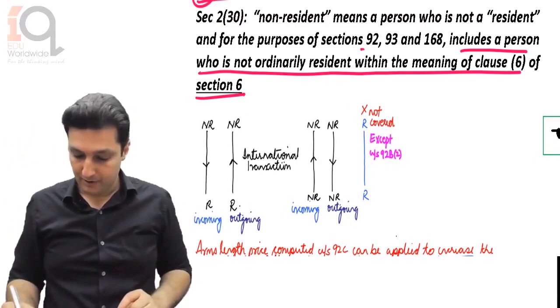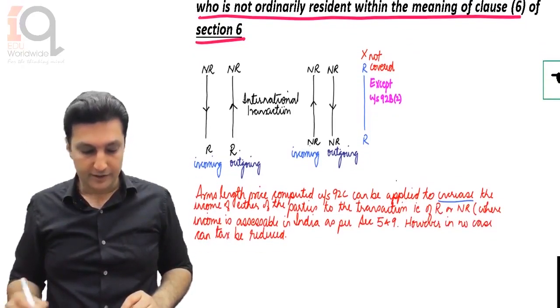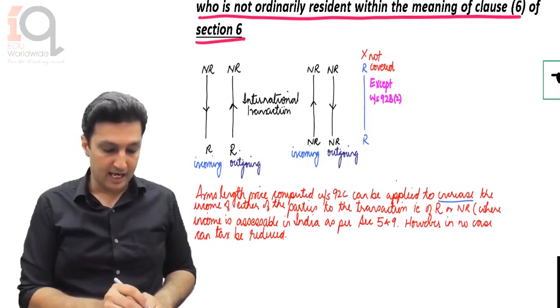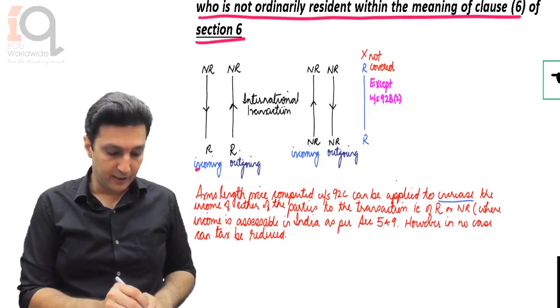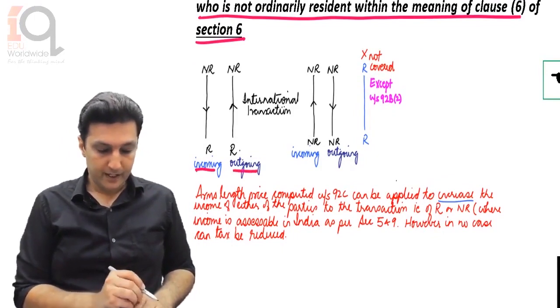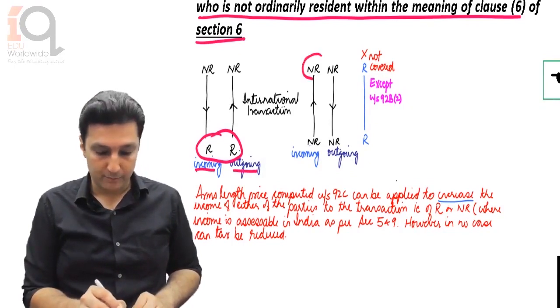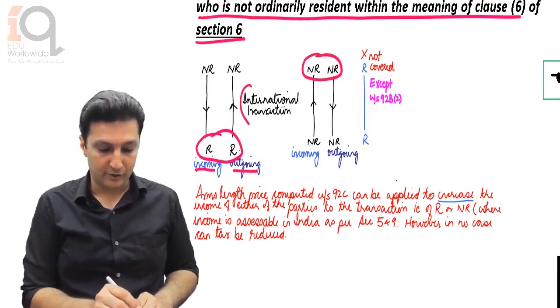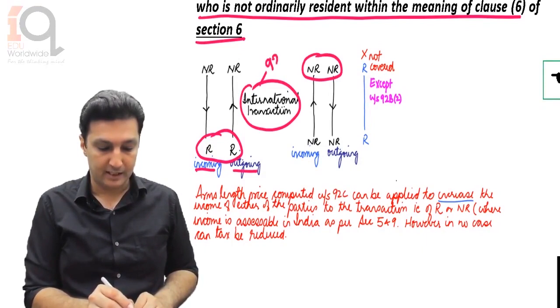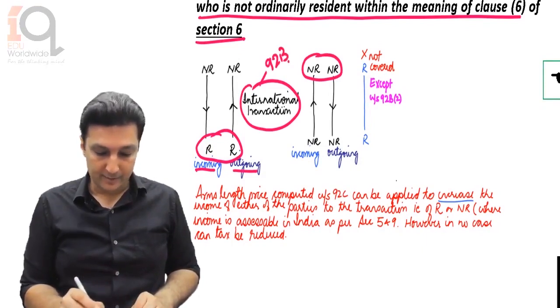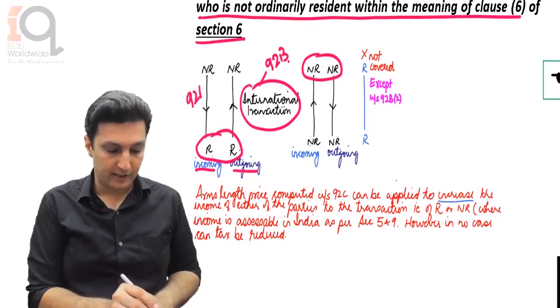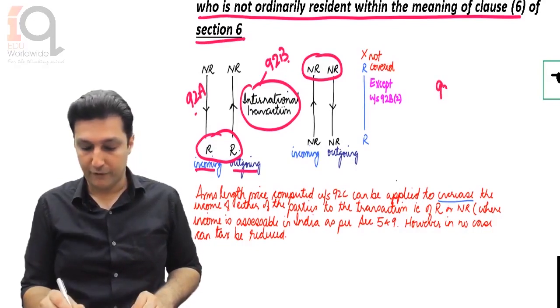So in simple terms, if I look at this chart, we say it is a transaction of incoming into India or outgoing. You could apply the provisions on the resident, you could apply the provisions on the non-resident, and there has to be an international transaction as per 92B. These parties must be associated as per 92A, and we will apply the formula of 92C.